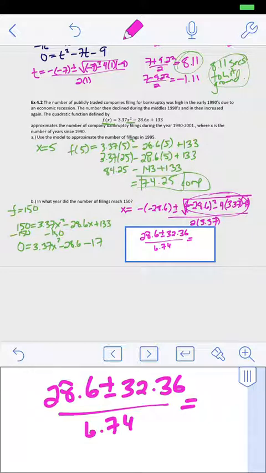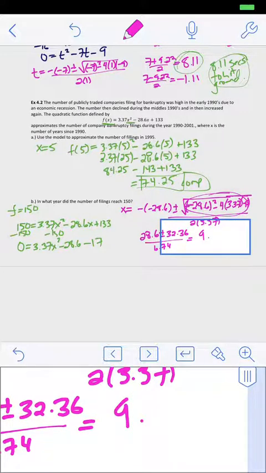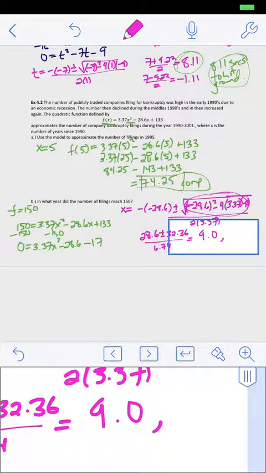All right, 28.6 plus 32.36 divided by 6.74. Ah, that's what it was. At the very end, I just entered in too many numbers. Okay, so the plus version would be 9 point, we'll round it to 9.0. The minus version is going to be negative 0.56. Sorry about that, didn't mean to confuse everyone.